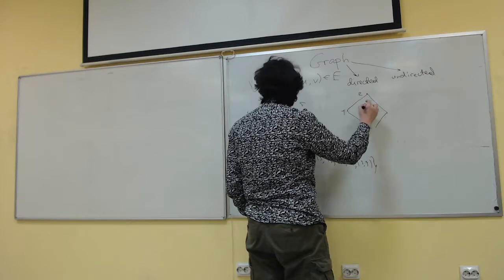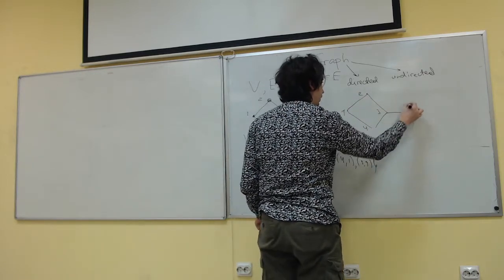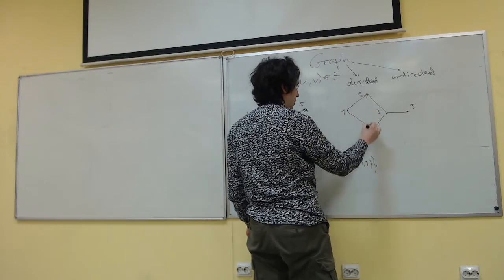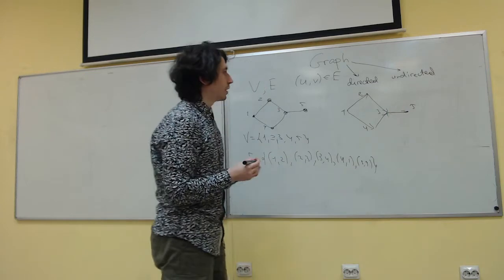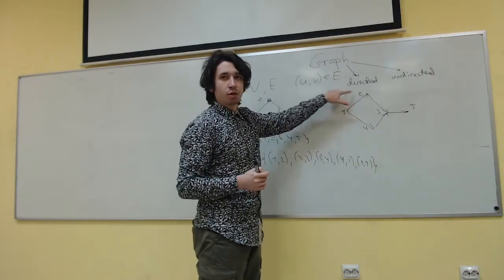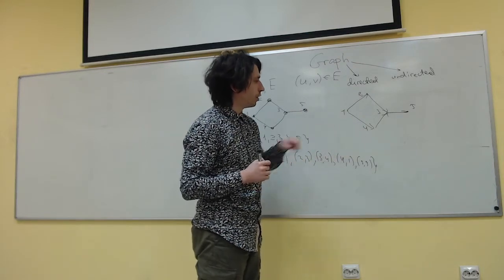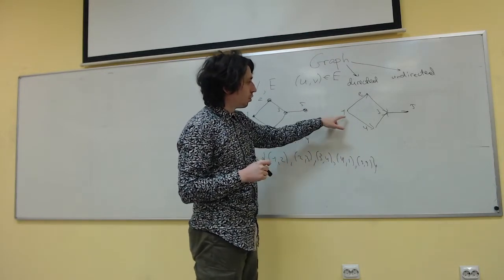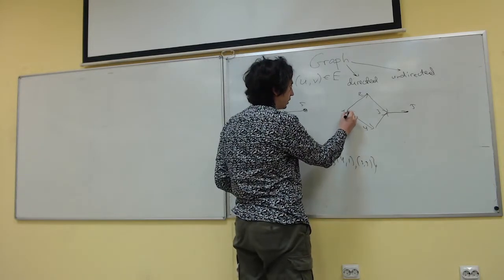1, 2, 3, 4, 5. And for example, this one is the directed graph where you can go from 1 to 2, but you cannot go from 2 to 1. So you can only follow their edges. So for example, it can be possible to be like that way.